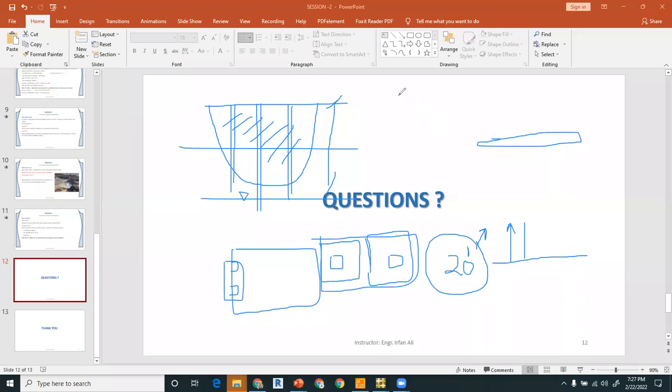Normally what happens is that we design it as a strip. For example, this is the column layout, this is the column, this is the column. If you design this as a combined footing, for example, this is the combined footing for these two, and this is for these two, and this is for these two, so it becomes the strap footing.